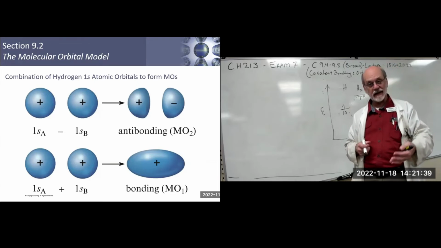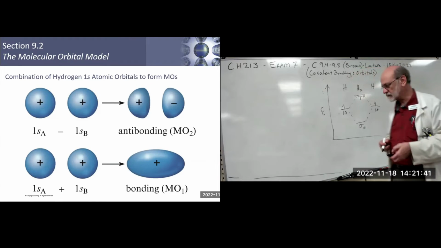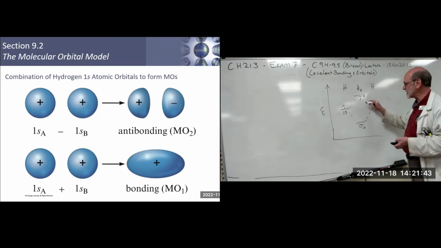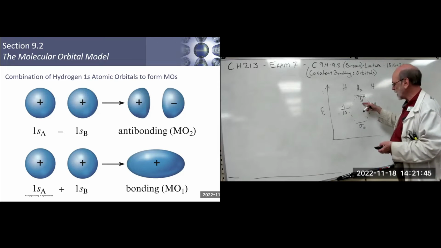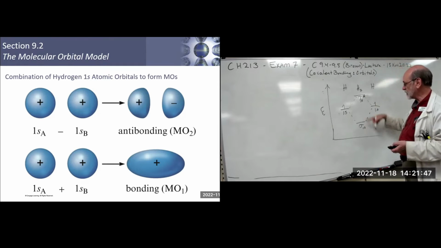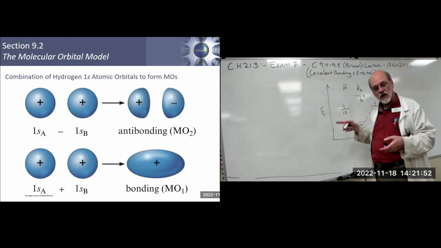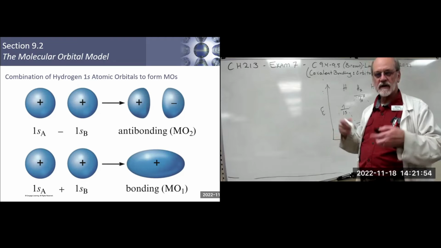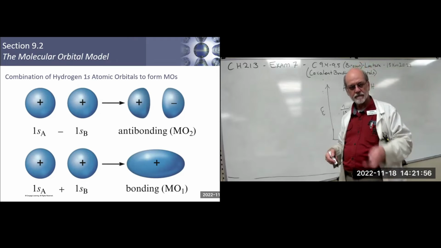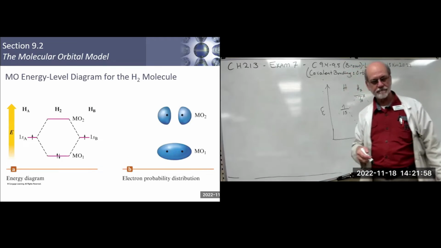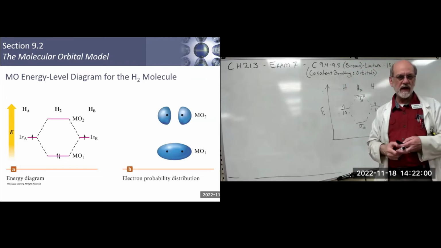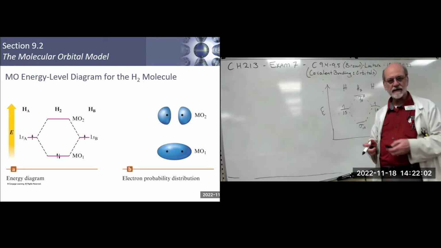It's against bonding. It's higher in energy. And we designate that. This tells us where it came from, subscript, and this star tells us it's anti-bonding. If it's got a star or an asterisk next to it, that's anti-bonding. And this is what it would look like on the slide.